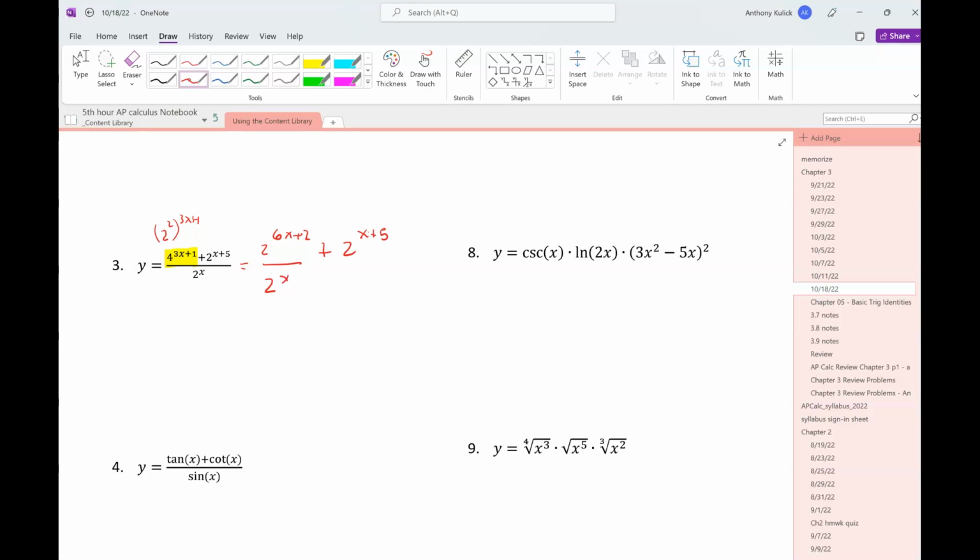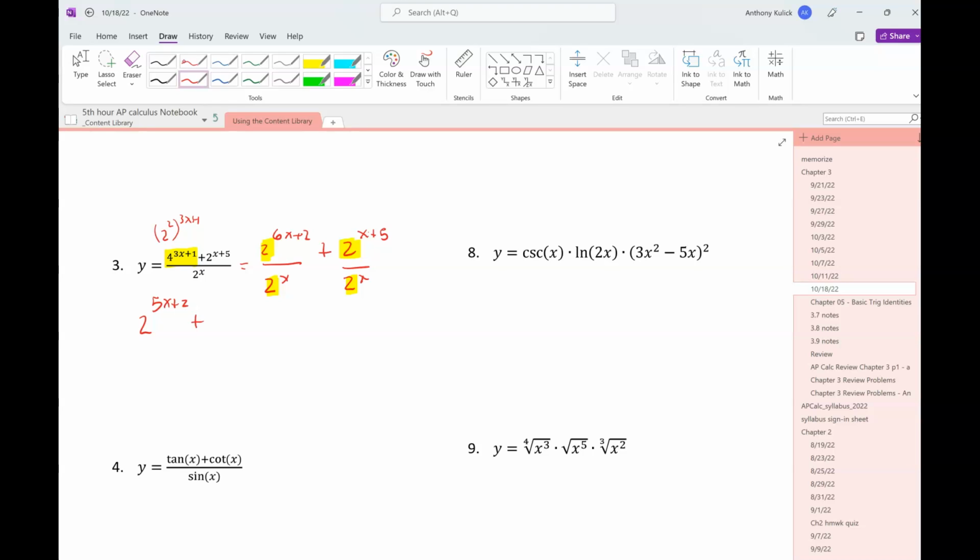And I'm going to think about this as really two things with a common denominator. And since these are both powers of 2, I can divide these fractions by subtracting the exponent, right? So 2 to the 6x plus 2 minus x becomes 2 to the 5x plus 2.